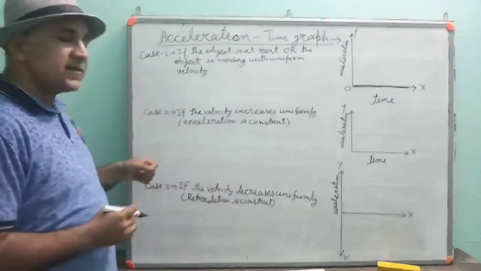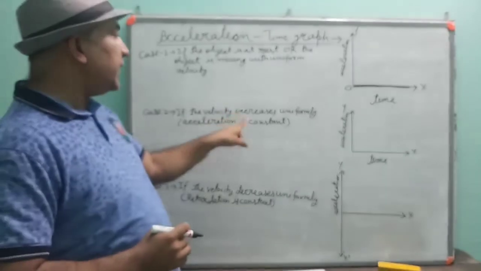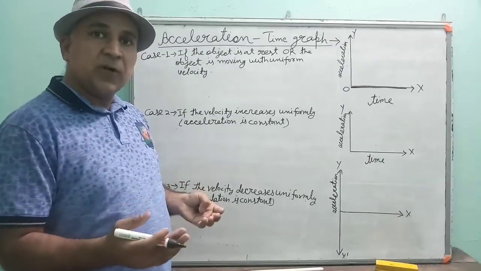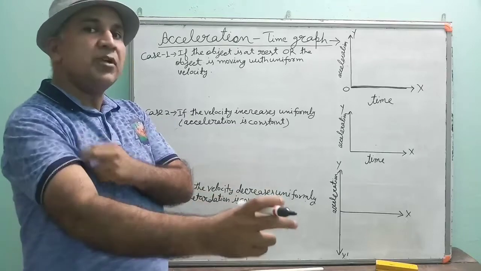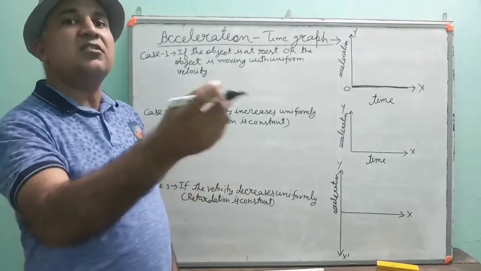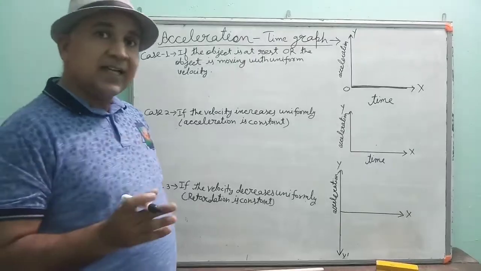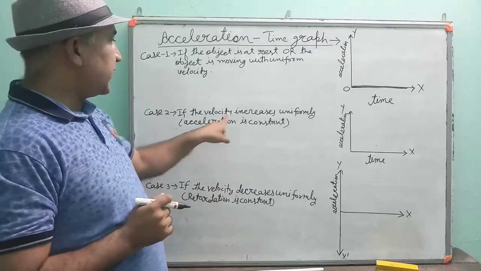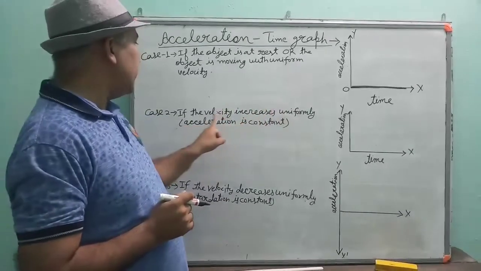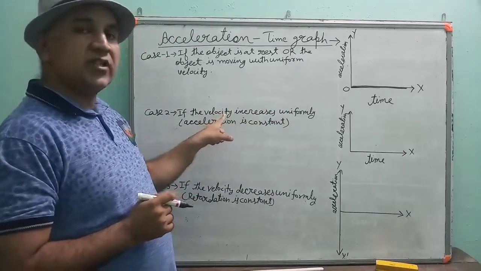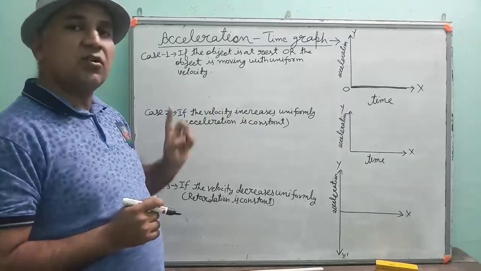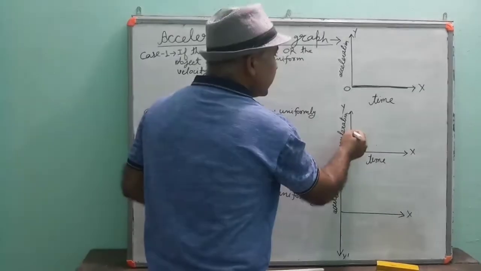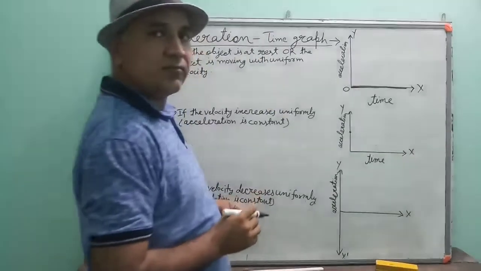Now see the second case. If the velocity increases uniformly, it means in a certain time interval the increase in velocity is constant. In that case the acceleration is also constant. Suppose at any point the acceleration is this.